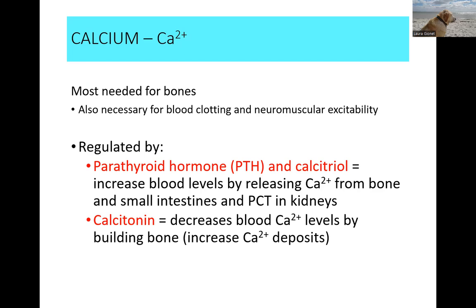And then when calcium is in excess, higher than normal, we use calcitonin. It decreases blood calcium levels by inhibiting osteoclasts and even stimulating osteoblasts to store calcium if there's any room in bone. And it allows calcium to just overflow into urine.